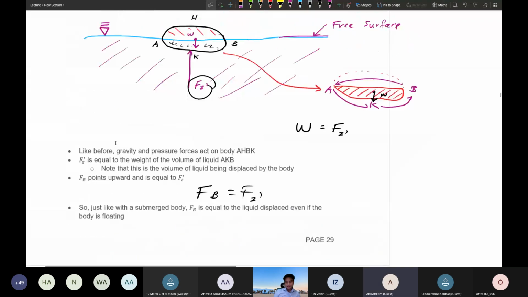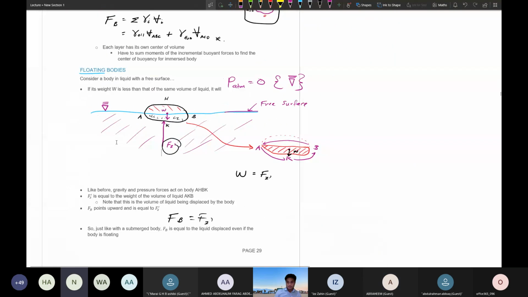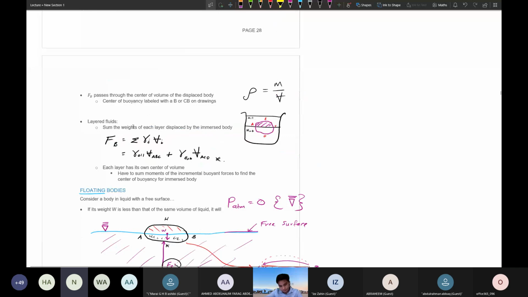So far, do you understand the concept? Yes, Doctor. Okay, so basically if you understand, you can go through a lot of examples. You know already that the buoyancy force is equal to the weight of the displaced volume. So I think that's all.